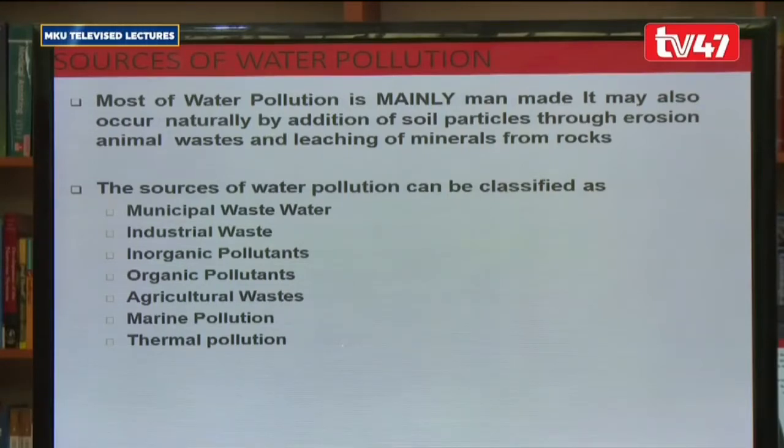Man-made refers to the activities that people do, and through those activities you introduce pollutants into water. Other natural forms, like volcanic eruptions, not erosions, but eruptions, can also introduce pollutants.